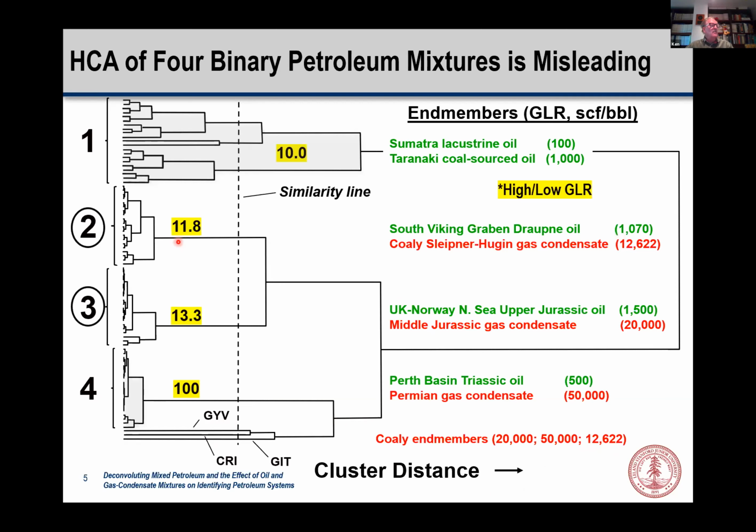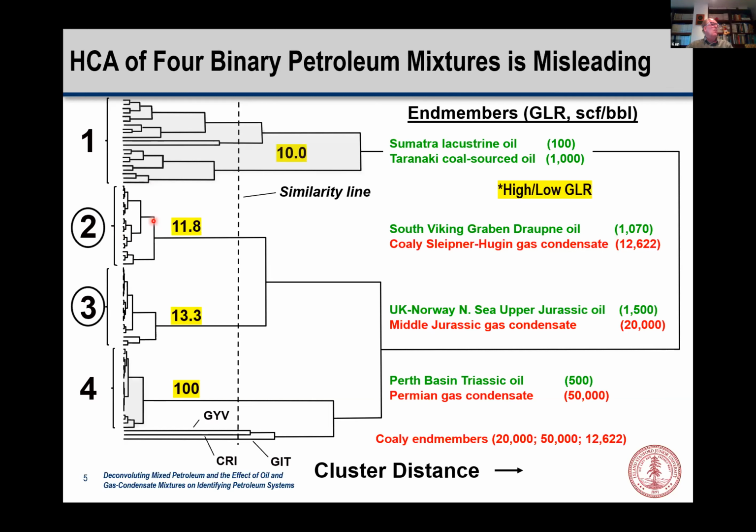So what this says is that this tight cluster of samples here, if you analyze those using standard HCA, you're going to say these are all looking like Dropney oil. So basically, the HCA is biased against that gas condensate end member. They all look very similar to Dropney oil.